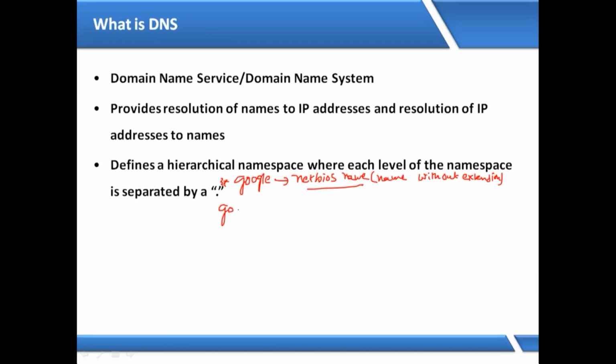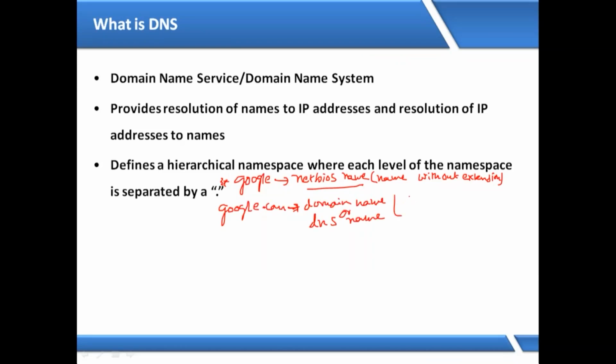If I write the same name with some extension, then that name is called a domain name. You can call it a domain name, or it can also be called a DNS name.